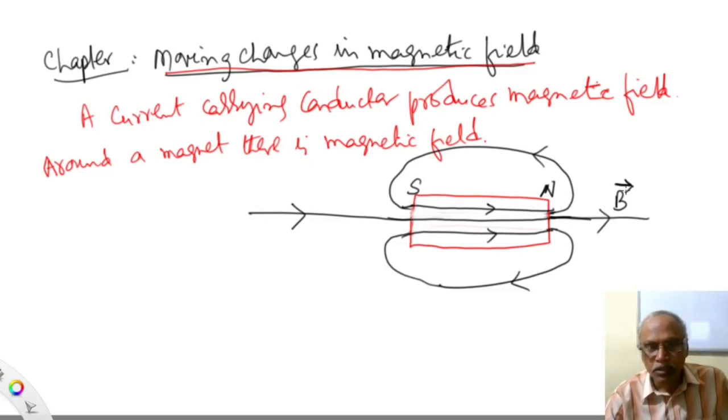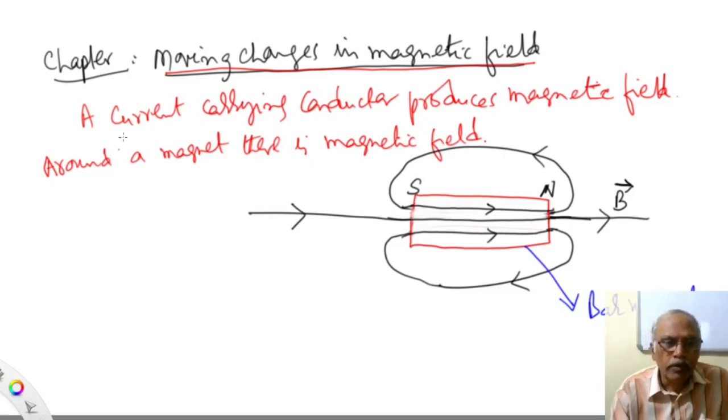Because of the force given by the magnetic field of this bar magnet. So the point is that around a current carrying conductor there is a magnetic field, and around a magnet also there is a magnetic field.